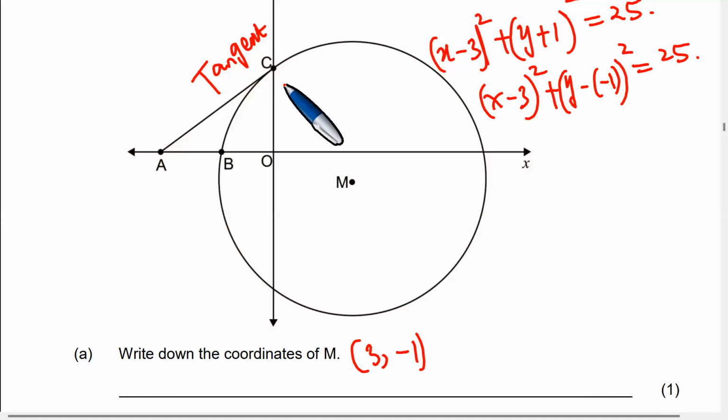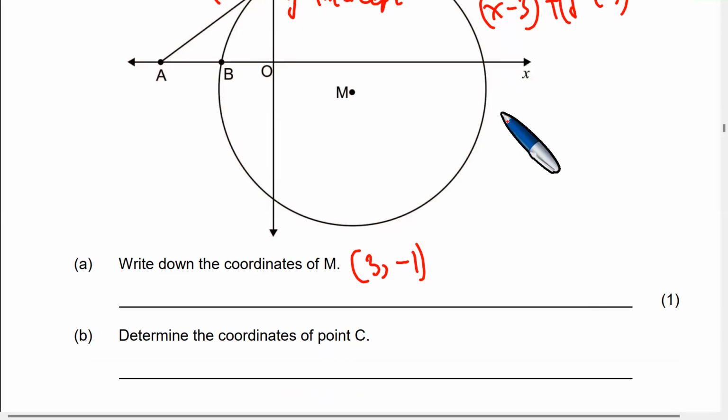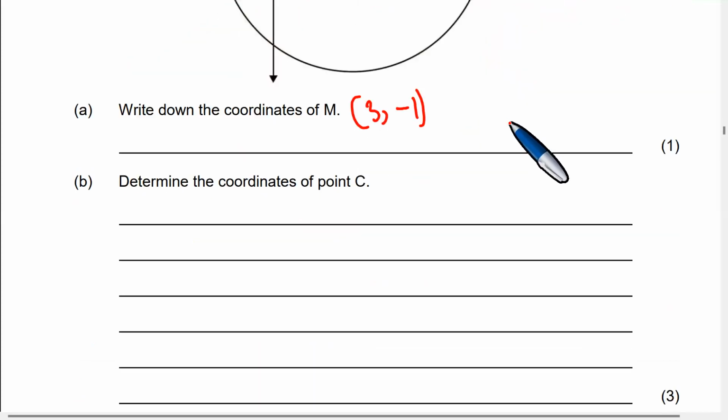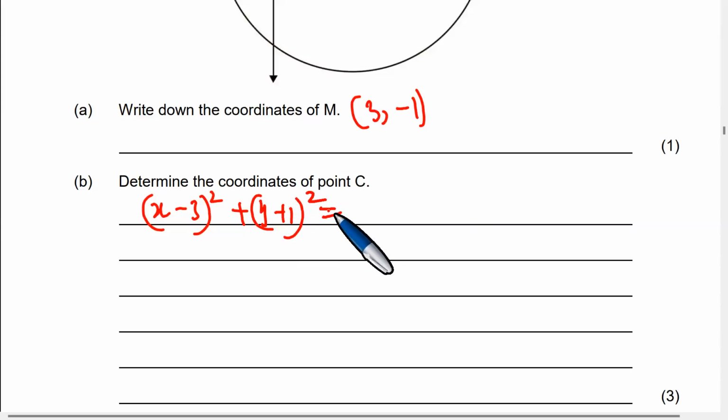What are the coordinates of point C? Okay, C is the y-intercept. How do we find the y-intercept of a graph? We let x be equal to 0 in this equation. Okay, good. So that's what we're going to do. Okay, guys, we need distinctions in mathematics this time around.